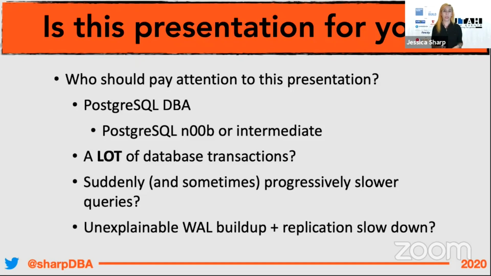But the other giveaway that you need to touch your Autovacuum parameters is this. Let's say you've got a query or a group of queries that on Monday runs in about 10 minutes. Maybe that's not great, but it's a big query, it's doing a lot. Tuesday, it takes an hour.